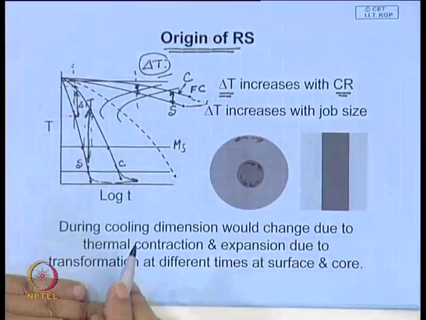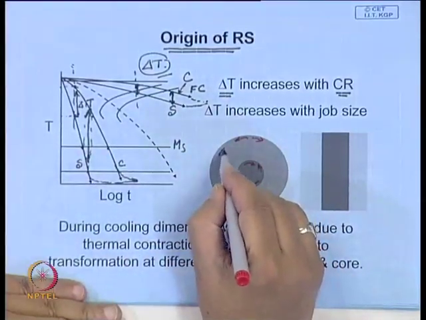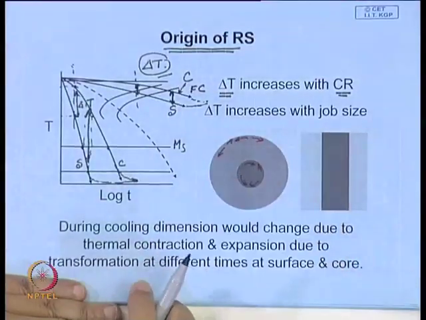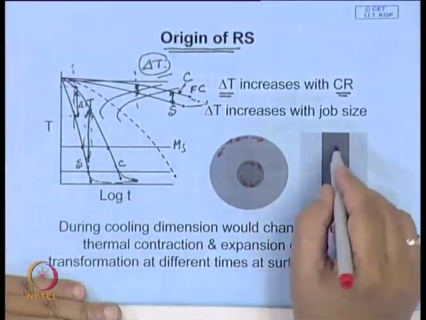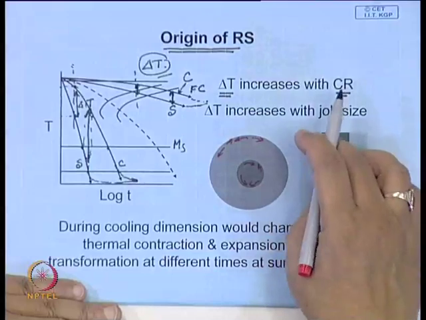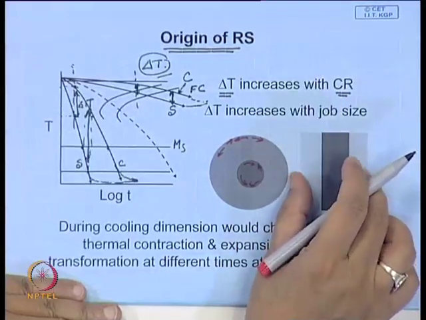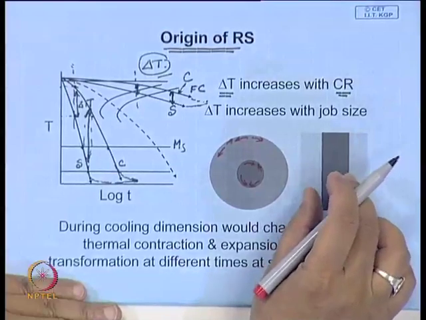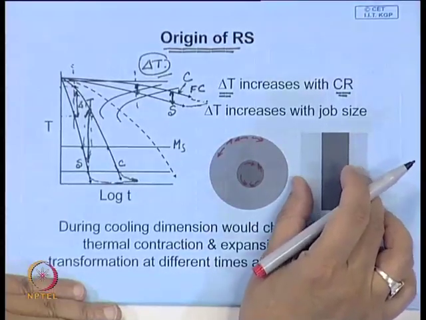So, this is susceptible to cracking, you can say. Here you will have tensile stress on the surface, so it can lead to surface cracking. And also, as we have seen during the transformation, initially it will try to contract and then later on it will try to expand.